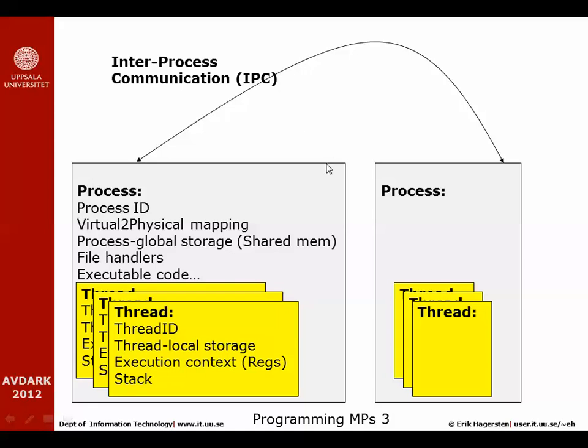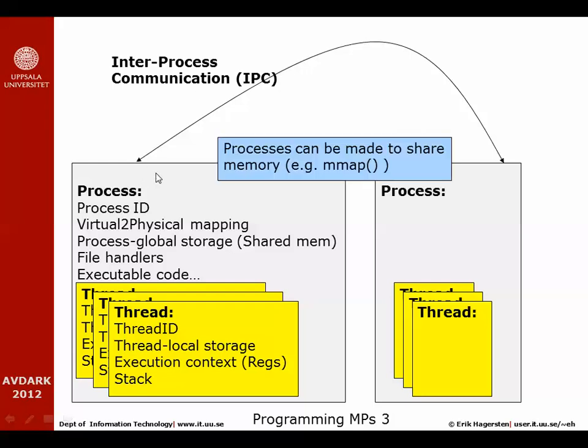So as you see here, these processes don't share any data. They all have their own local process data, and the way to send values from one process memory to another process memory is to use this inter-process communication.